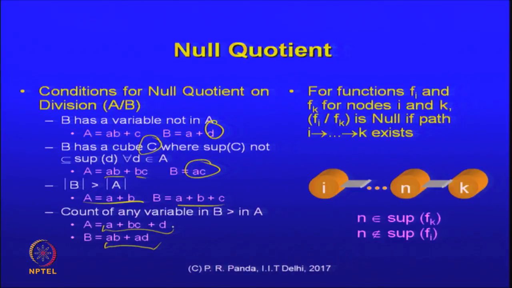There is one from a path point of view, since you mentioned it, we can say one thing. There is a function associated with each of these nodes, right, if that is my Fi. Function associated with K is Fk.